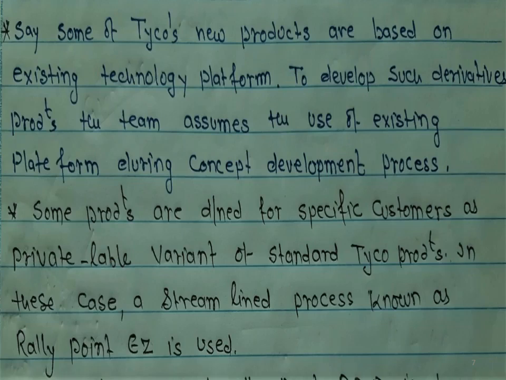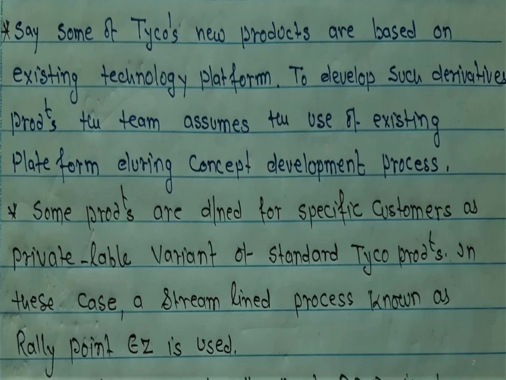Some of Tyco's new products are based on existing technology platforms. To develop such derivative products, the team assumes the use of the existing platform during concept development. It means they can use whatever technology is available in the market. So they use the existing technology platforms and develop derivatives of the product.